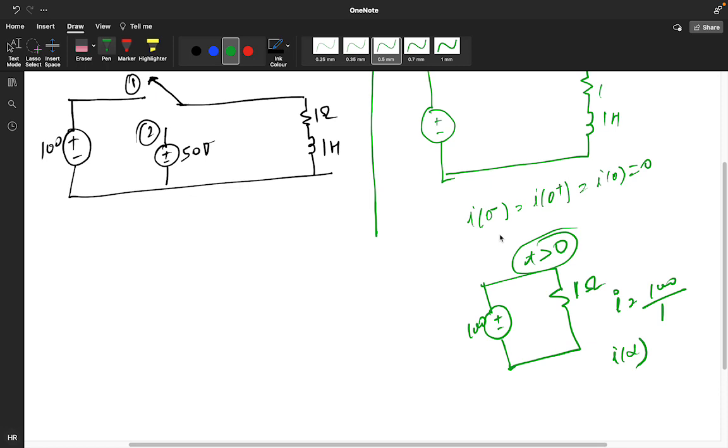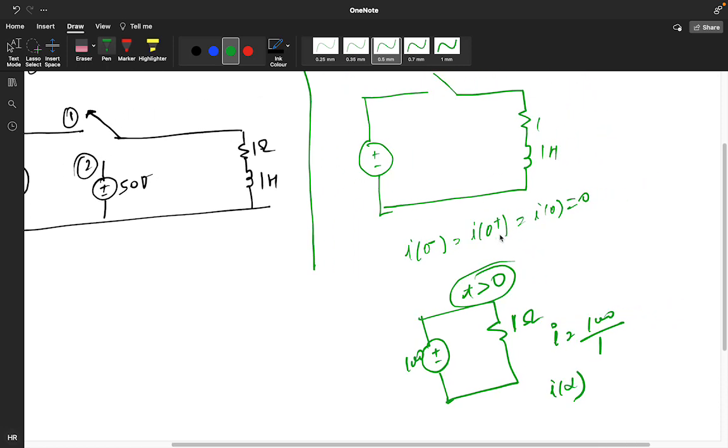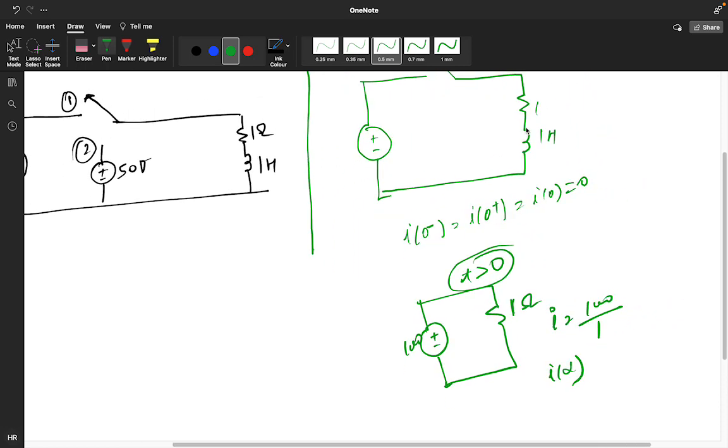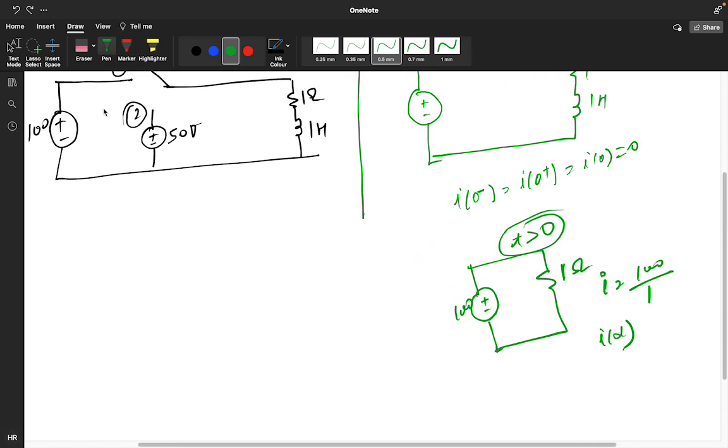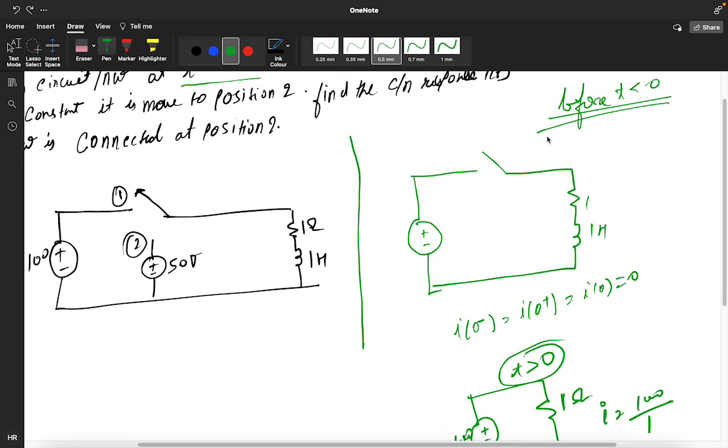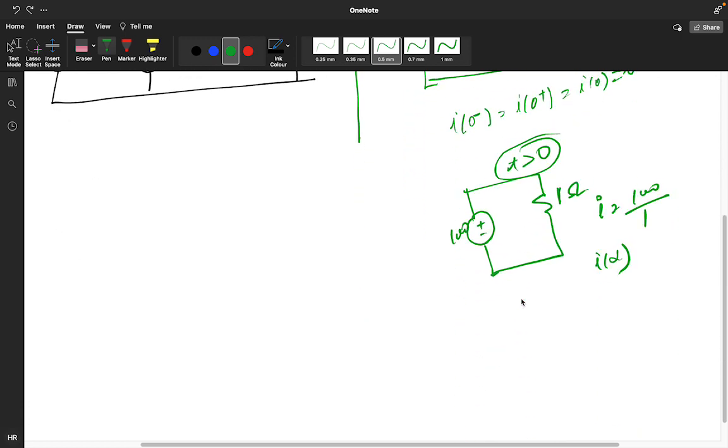And while finding the R equivalent, there is only one R. If you see from here, this will become short circuit, so you will get R equivalent as 1 ohm only, right? I'm not talking about the whole circuit, I'm talking about only this small circuit, the position 1 circuit. So I of infinite I am getting as 100. Now what is my I of t?